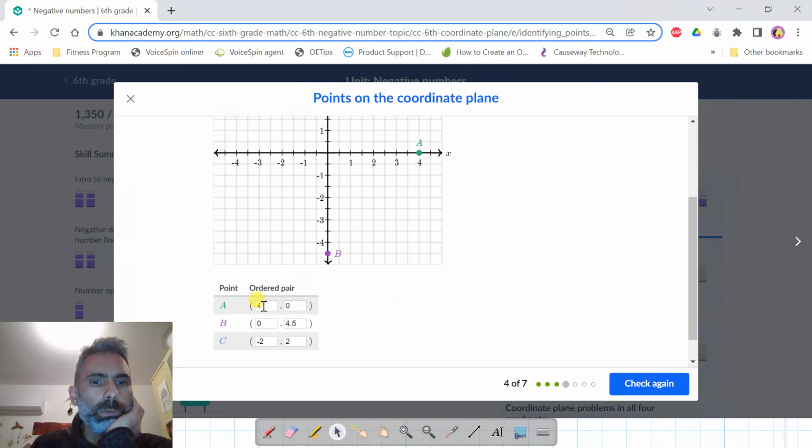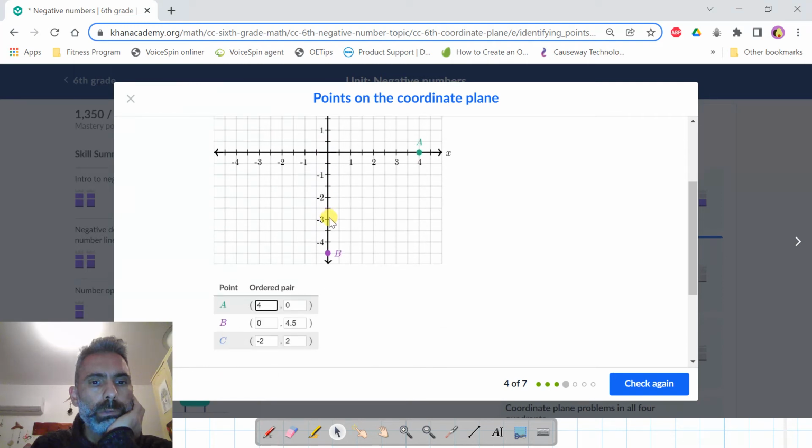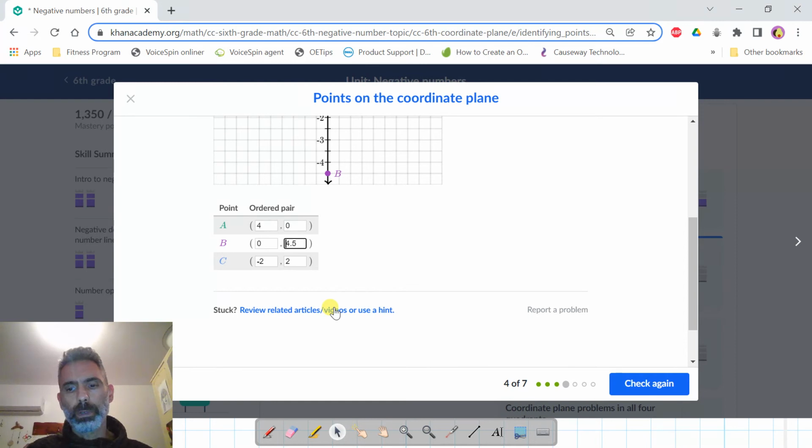I don't know what the problem is. 4 and 0 would be the 0 on the x. Each hash mark is 1/2. So this is negative 4.5.